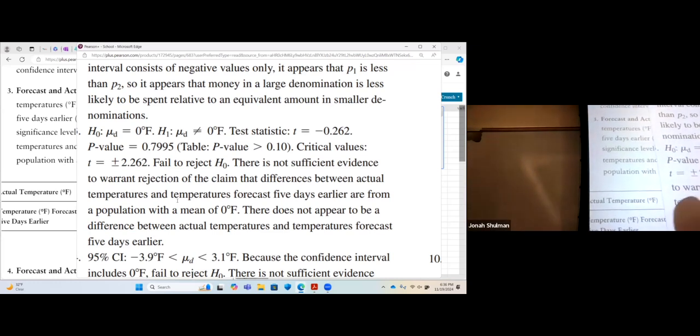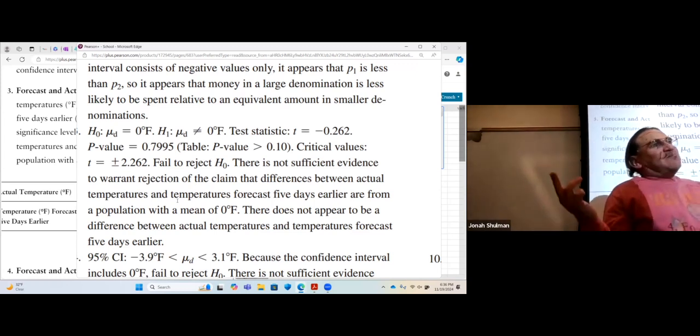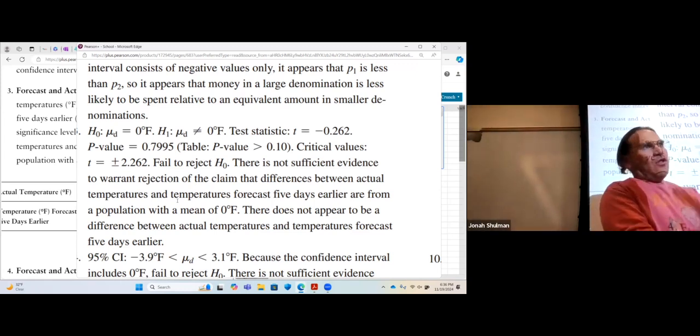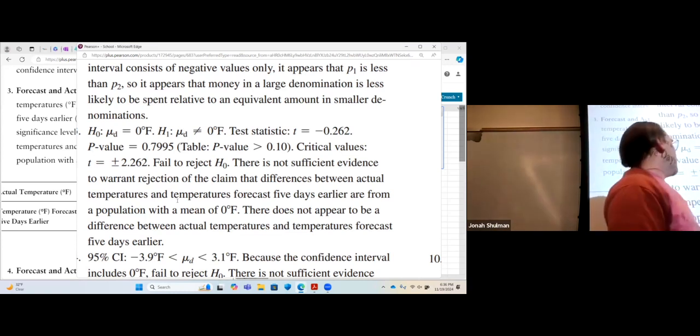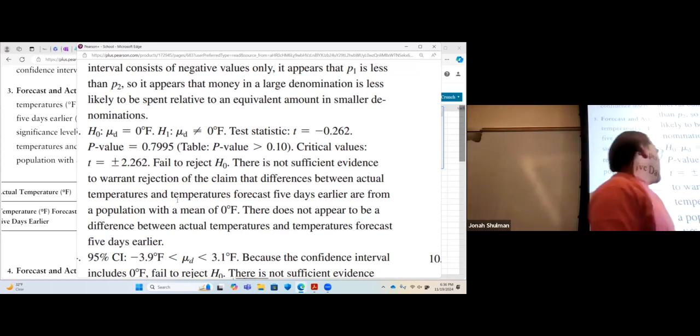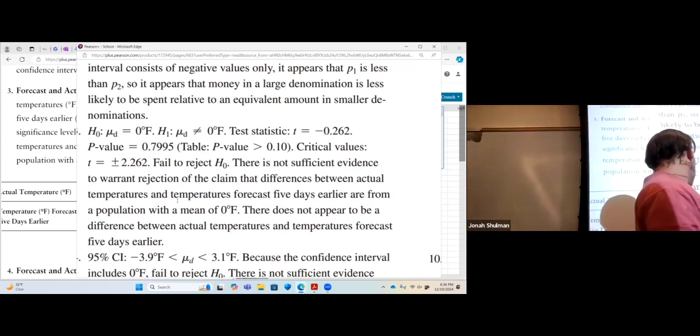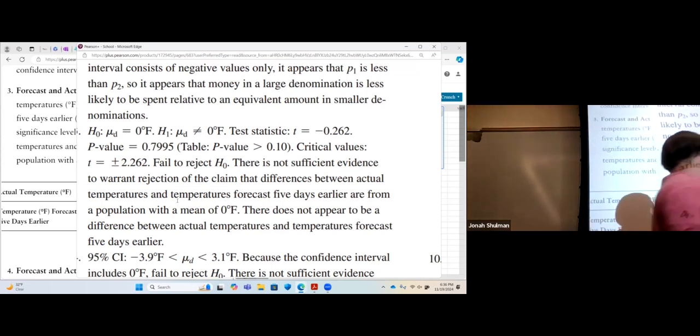There is not significant evidence to warrant rejection of the claim. See how they're not saying they're accepting the null? We can only reject the null or fail to reject the null. I know the wording is so important, but that's what they want to see. So there does not appear to be a difference between actual temperatures and temperatures 5 days earlier.